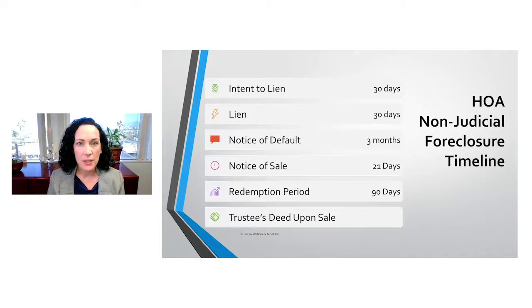Creditors throughout California, banks and deed of trust holders, use this process almost exclusively to end debtors' possessions of properties. Homeowners associations are the only other creditor, other than a bank, that can use a non-judicial foreclosure process. So it's a quicker, less expensive, easier process for you to eliminate having a non-paying delinquent owner.